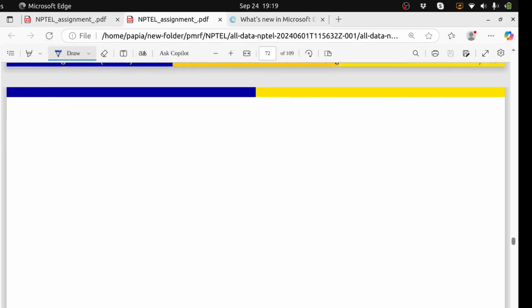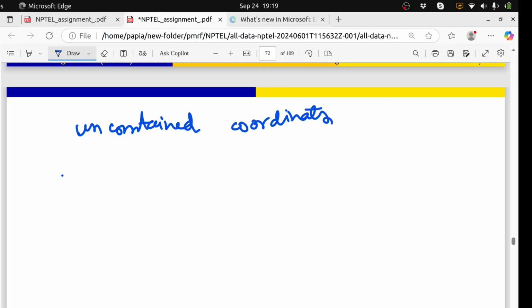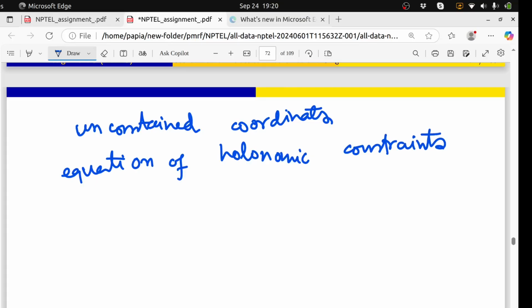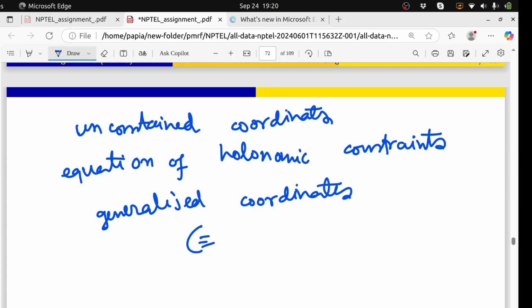We need to know some basic differences between these terms. One is unconstrained coordinates, equation of constraints, holonomic constraints, then generalized coordinates, and degrees of freedom.